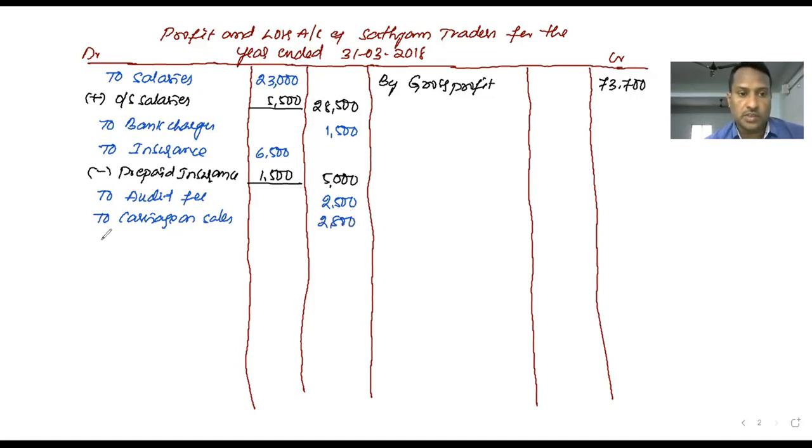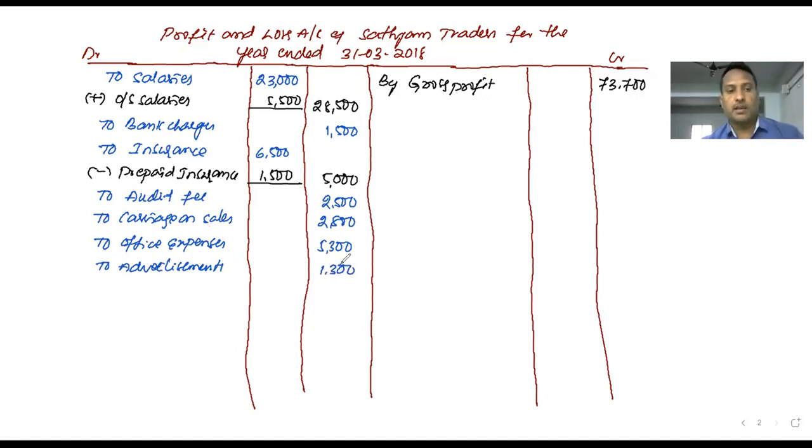Next, to office expenses, 5,300. To advertisements, 1,300. So we have written all the content inside the trial balance.